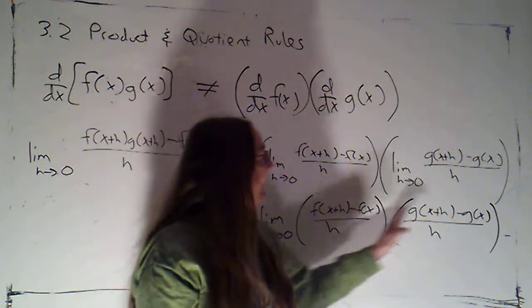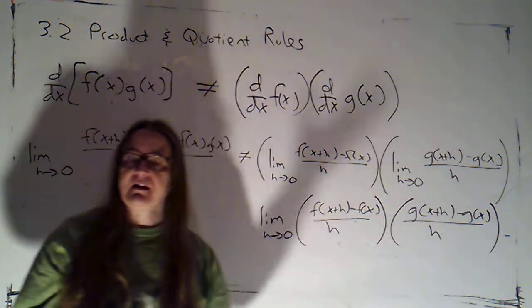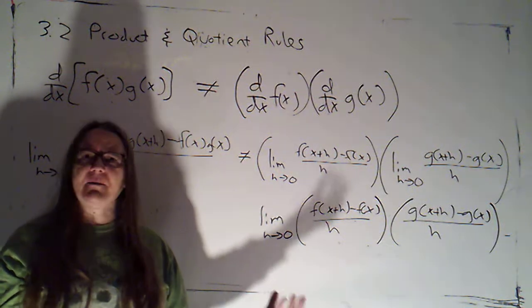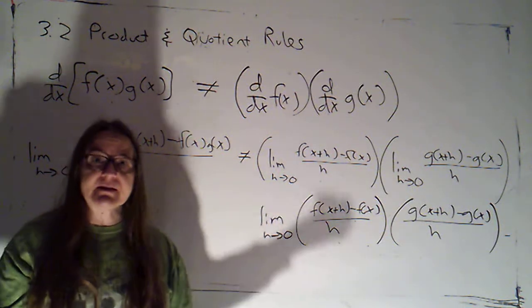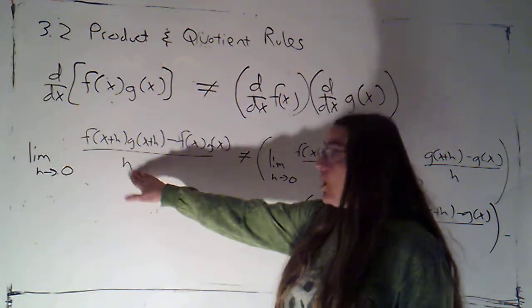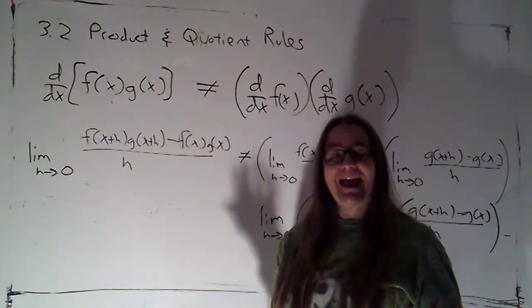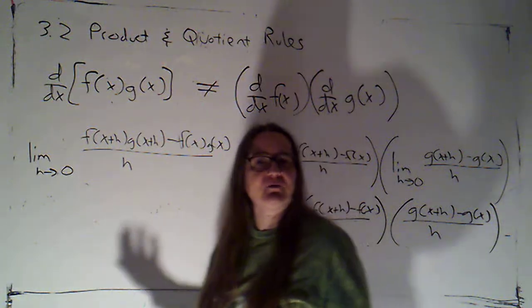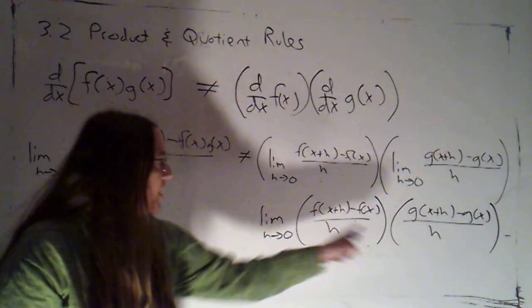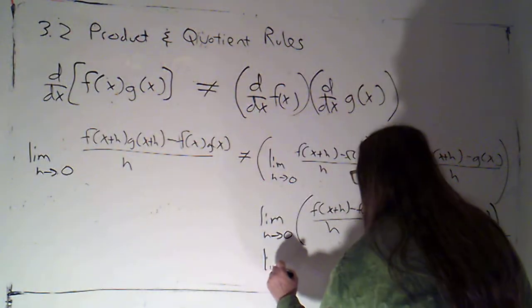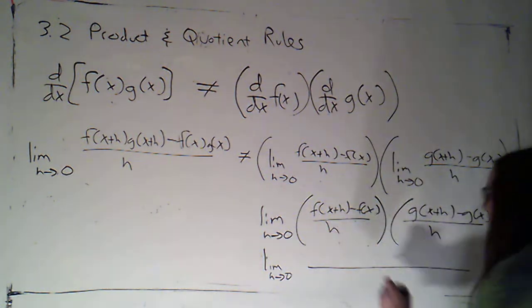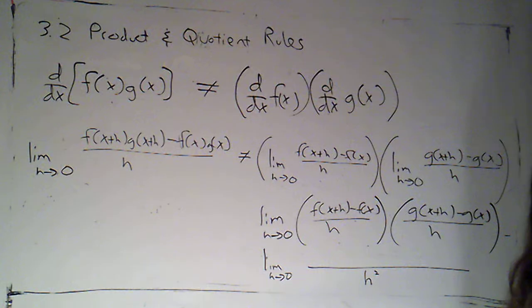If I were adding these two fractions, the denominator wouldn't change. If I add two fractions with a denominator of h, the denominator is still h, which is always what I want to get when I'm setting up a limit of a difference quotient to evaluate a derivative. But when I'm multiplying, the denominator actually changes. h times h becomes h squared.